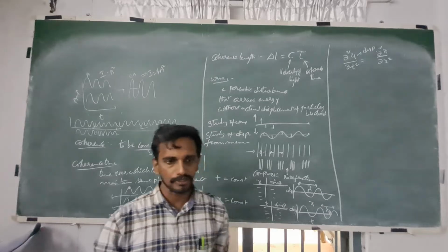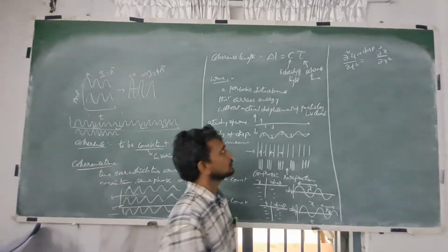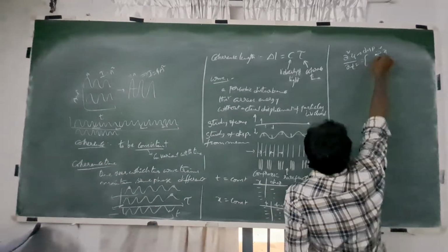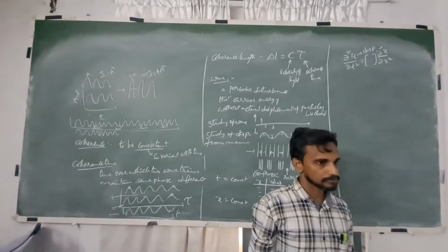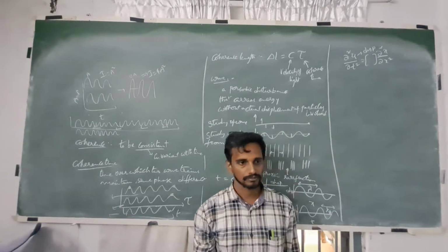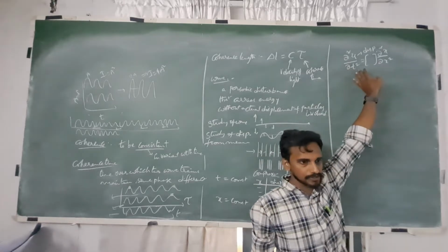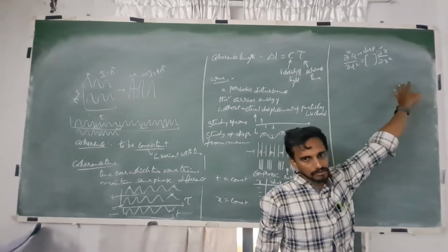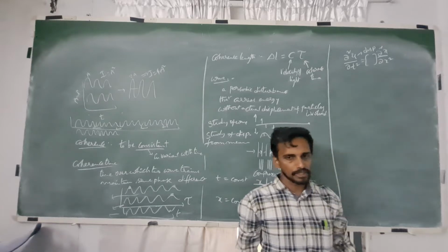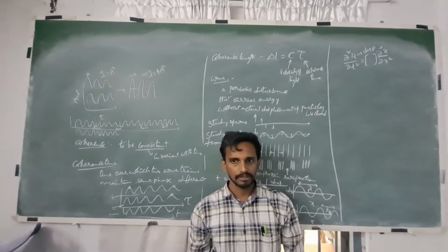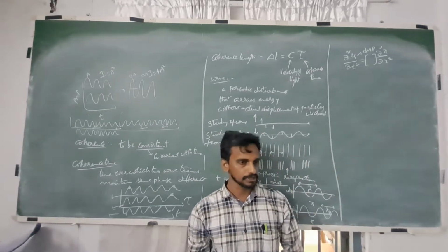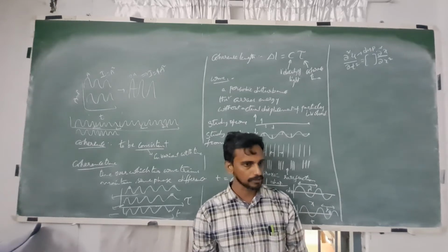So we need an equation that connects the two. So then what is this parameter? Here on one end you have variation of displacement as a function of time, on the other end as a function of space. So we need to connect the two. How to connect? If we check the dimensional formula, we need to see what comes in between.